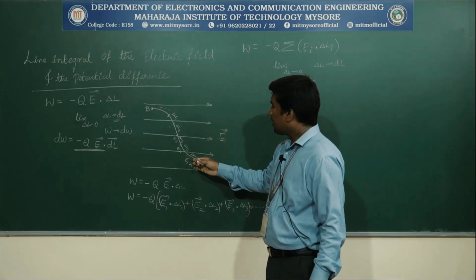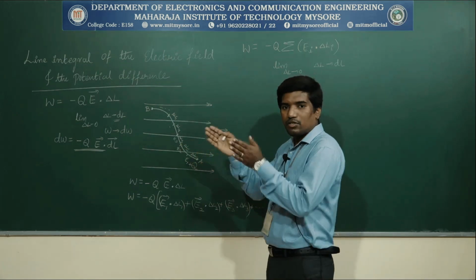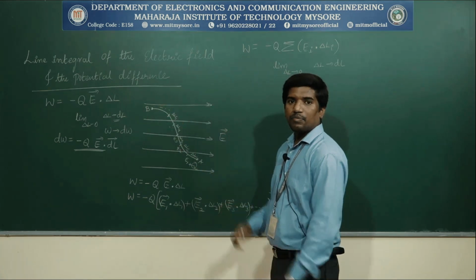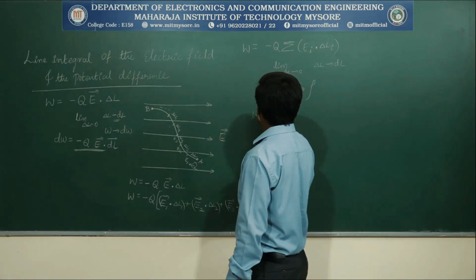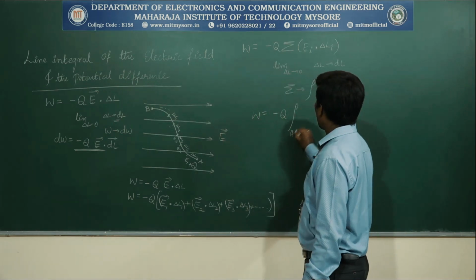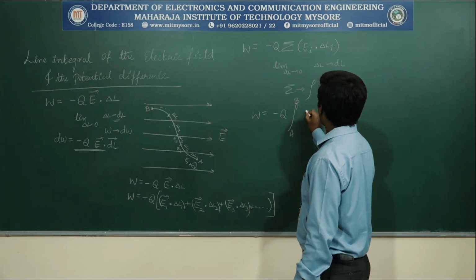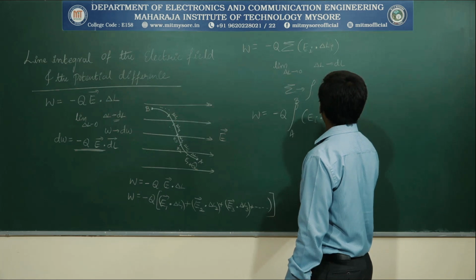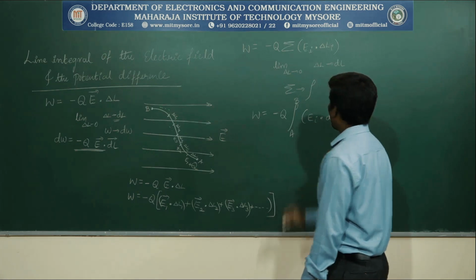As the length of each of the segments tends to 0, then the distance becomes continuous. Therefore W is equal to minus Q times the integration from A to B of E dot dl, right?